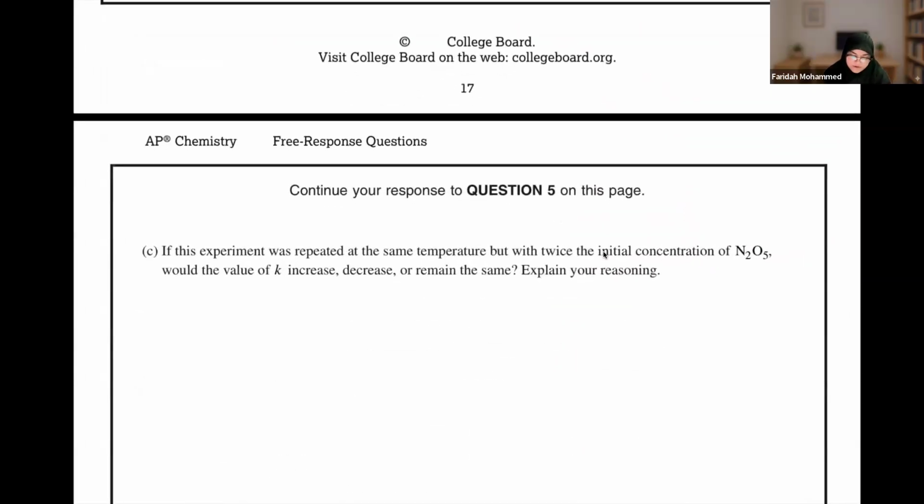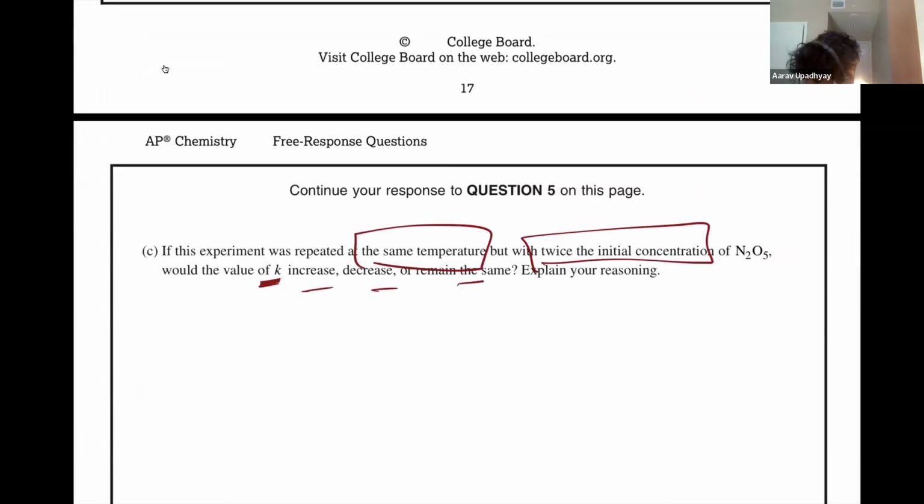If this experiment was repeated at the same temperature, but twice the initial concentration, would the value of k increase, decrease, or remain the same? Why? Yeah, Araf? I said it would remain the same because k only depends on the temperature. Good.